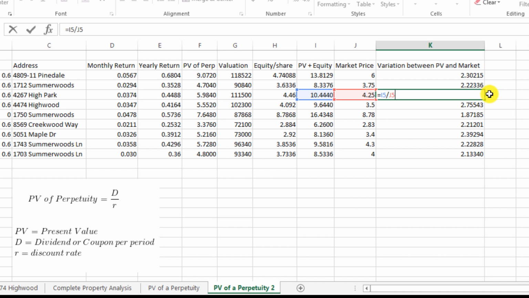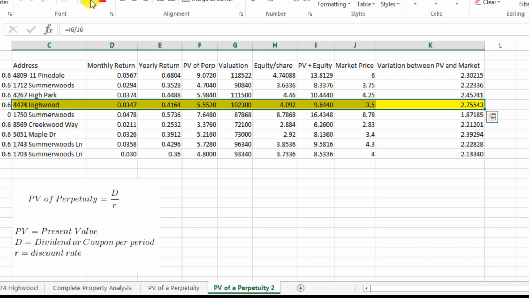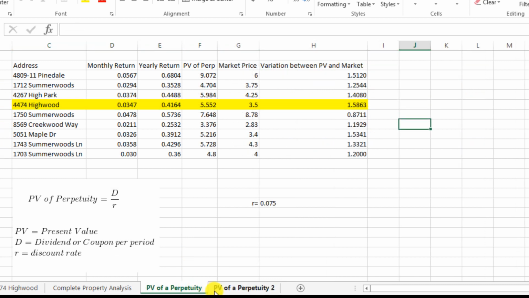Now in this case, we're going to see it's right here. It's going to be this 2.75, and that is 4474 Highwood, which, if we remember, was the same as this one.